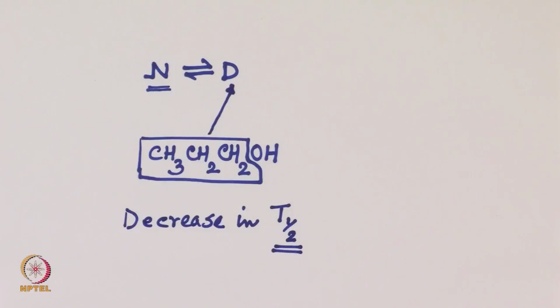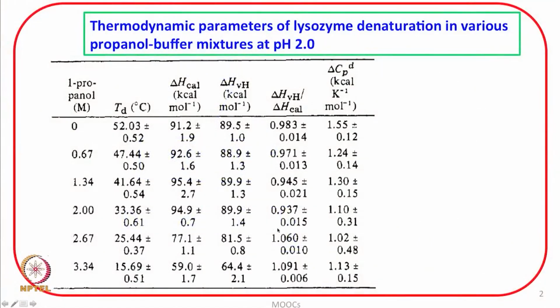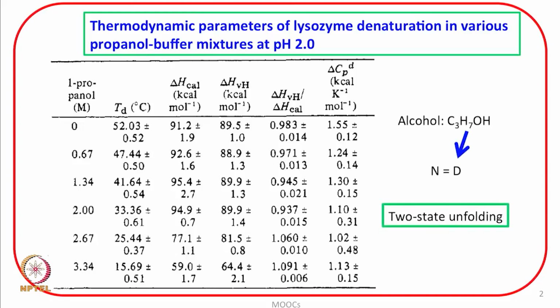Now, let us go back to this table. And that is what we see, that as the concentration of propanol is increased, the equilibrium is shifted more and more towards the right and hence the transition temperature keeps on decreasing. And that is what is commented over here, that alcohol will preferentially interact with the denatured state. Its interaction will be more with the denatured state.